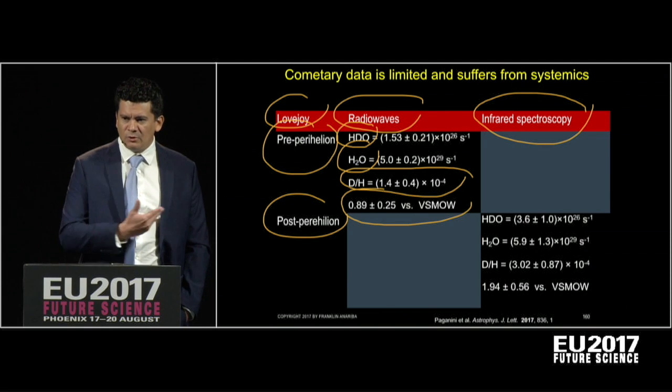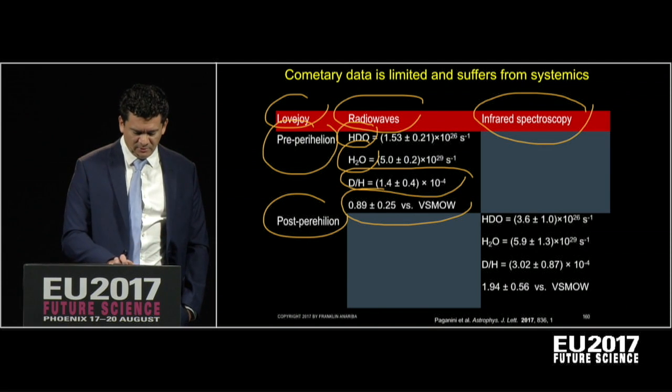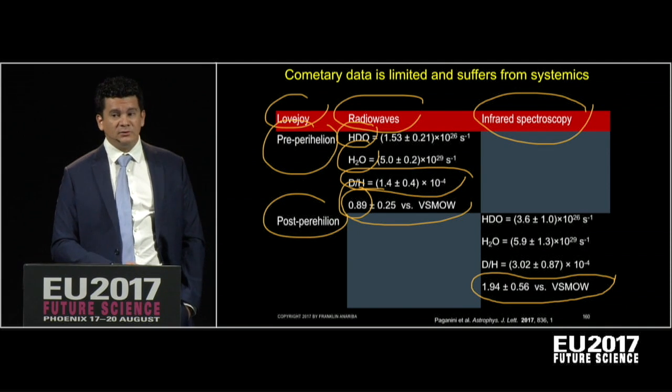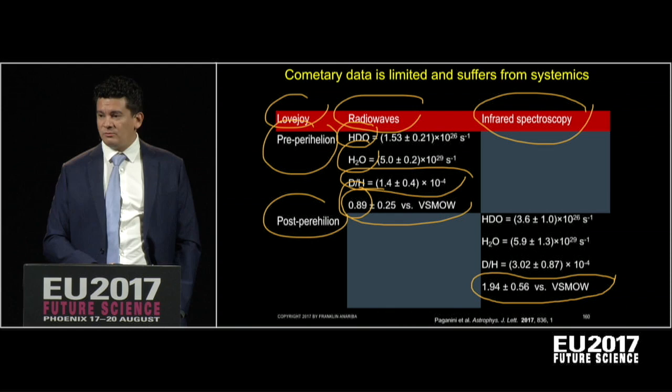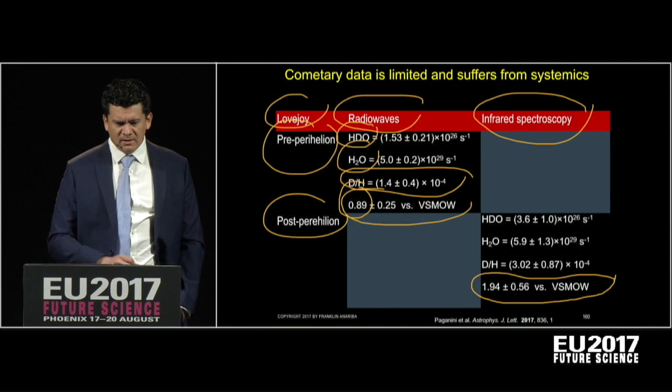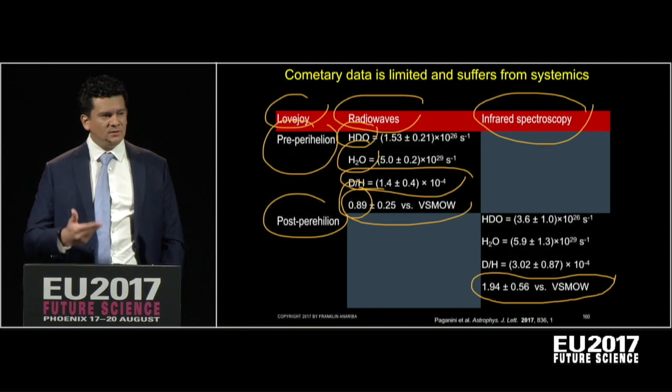Basically, if you look at the ocean on Earth, this is the ratio that you will see between deuterium to water, 0.89. Okay? Now, if you look at the infrared data, I see different production rates, but I'm going to concentrate only on the Vienna standard mean ocean water, deuterium to water ratio. Very different. So 0.89, 1.94.